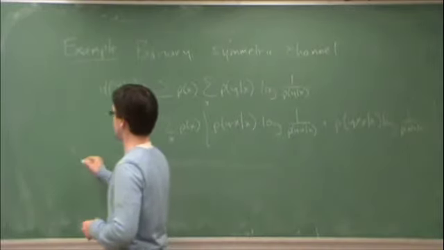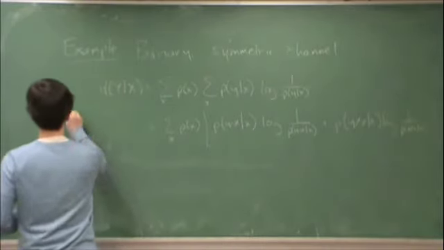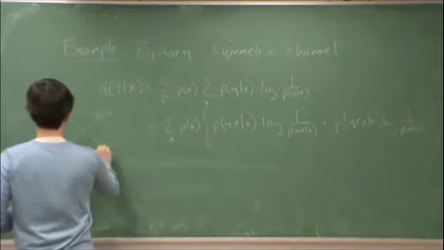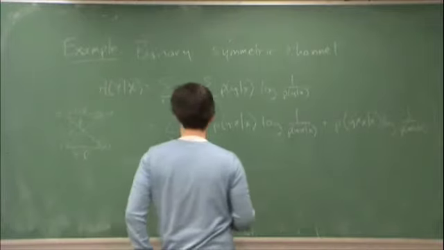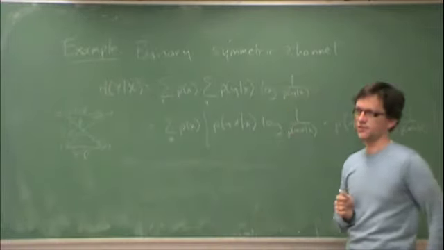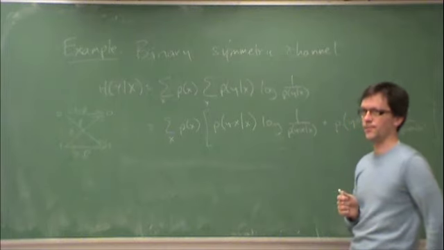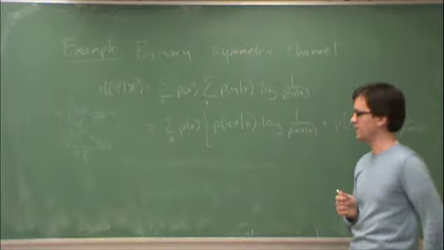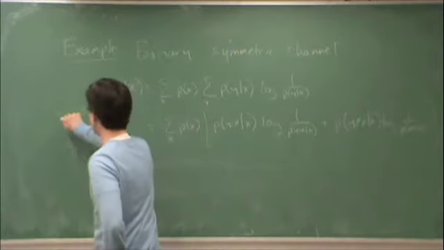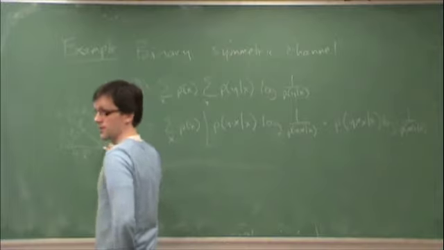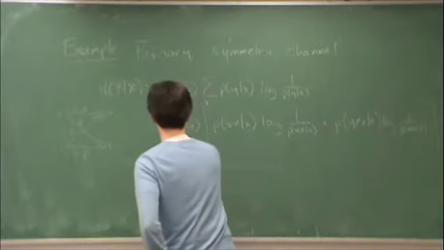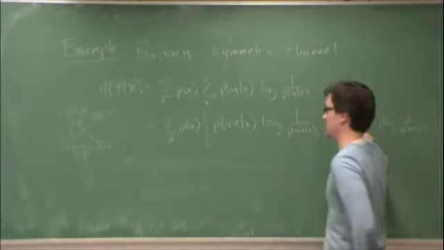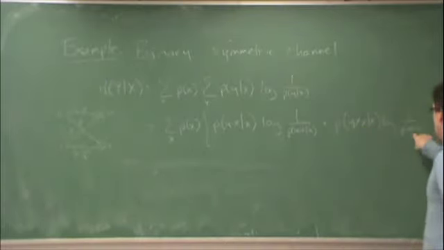So remember that this is my diagram representing what's going on in the channel. So if I know what x is, what's the probability that y is not equal to x, regardless of whether x is 0 or 1? It's p. So if x is 0, then it becomes 1 with probability p. If x is 1, it becomes 0 with probability p. So that's this term, probability y is not equal to x. So that's p log 1 over p.